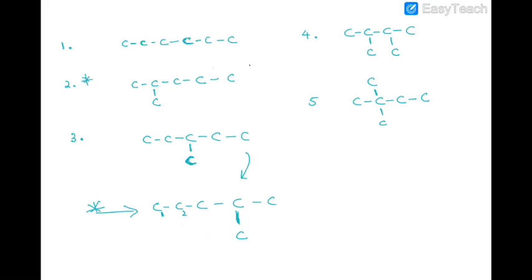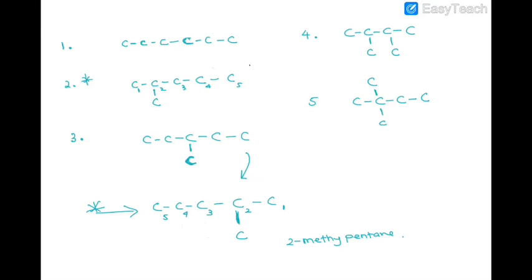We could also number it like this: 1, 2, 3, 4, 5, which would be the same as 1, 2, 3, 4, 5, so the branch here is on the second carbon. These two molecules are the same molecule: 2-methyl pentane. Whenever you're in doubt whether two molecules are the same or not, try to name them. If you get the same names, it means it's the same molecule.